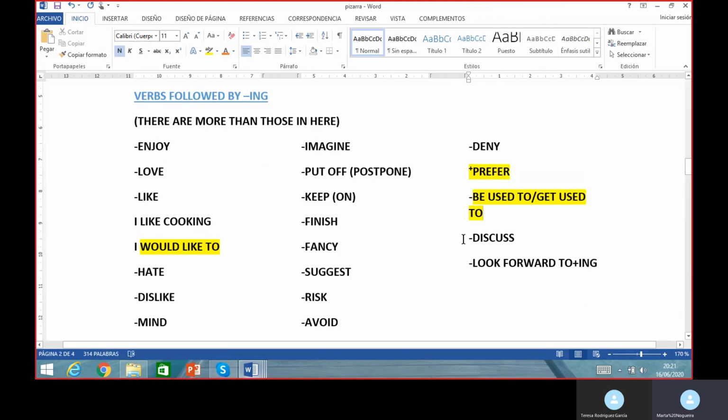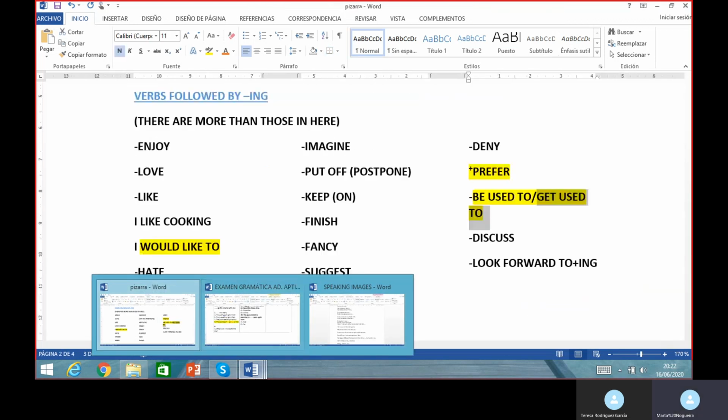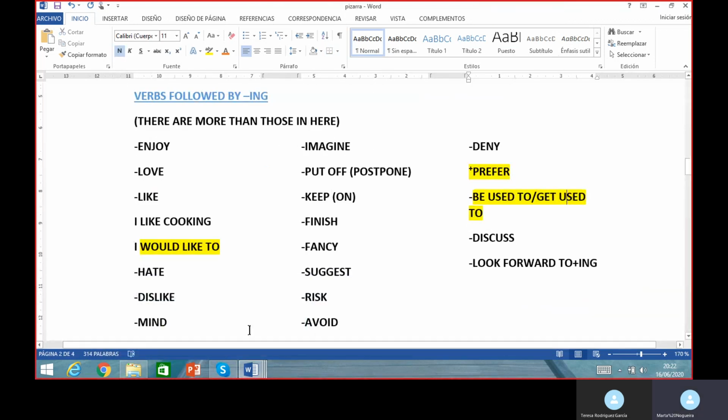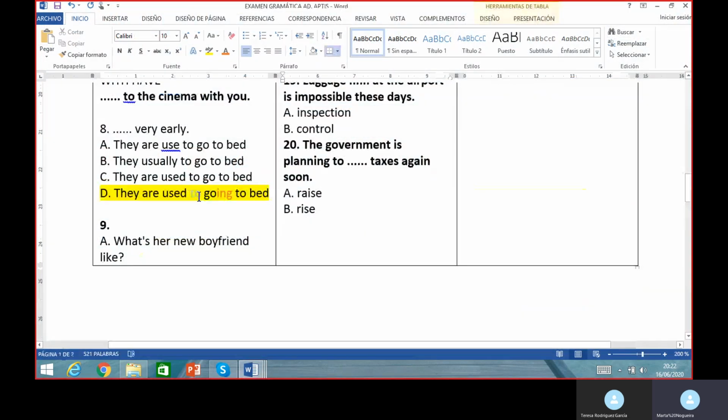Be used to, estar acostumbrado, y get used to, acostumbrarse, es decir, que todavía no te has acostumbrado, estás en el proceso de acostumbrarte. Entonces, yo veo esto, lo tengo en mi lista de ing, pues aquí está el truco, que en estos no pone la ing.